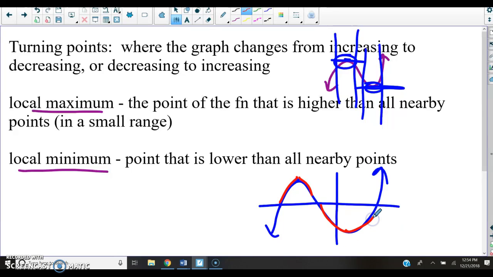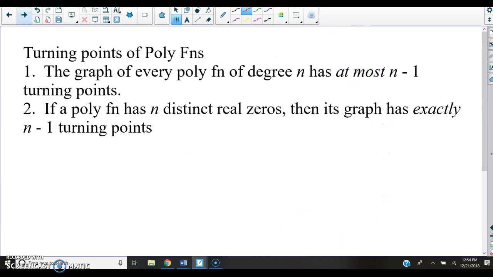So this would be concave up, this would be concave down. Okay, so this is concave down, this would be concave up. And there is a point of inflection, where it switches from concave up to concave down.